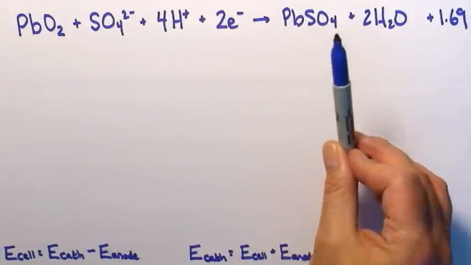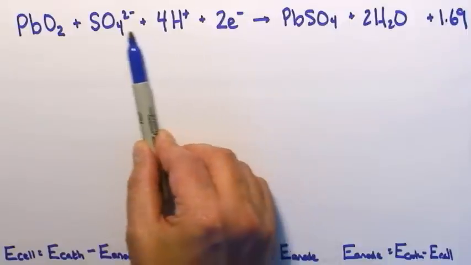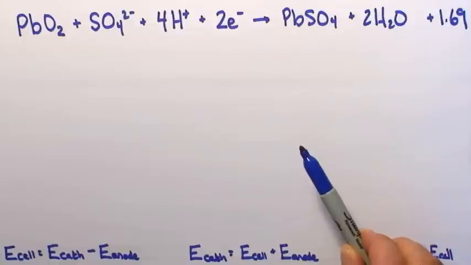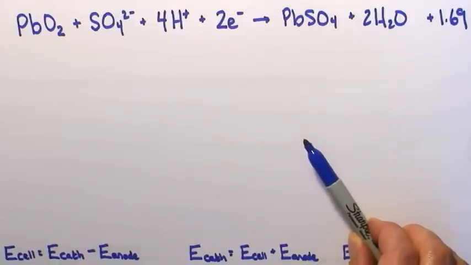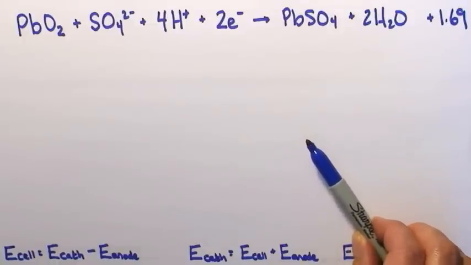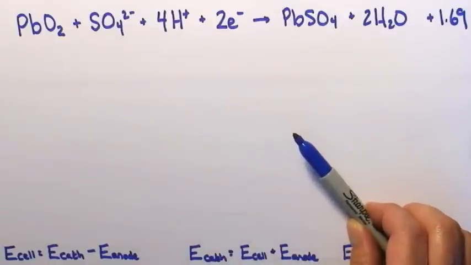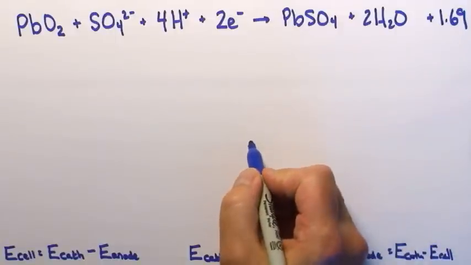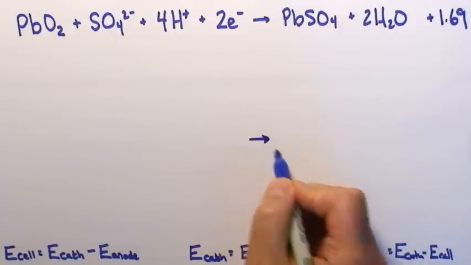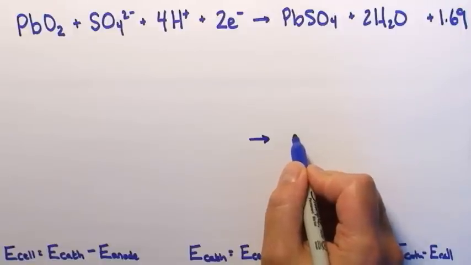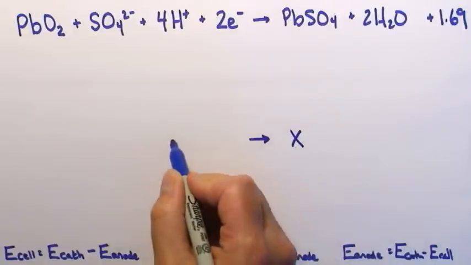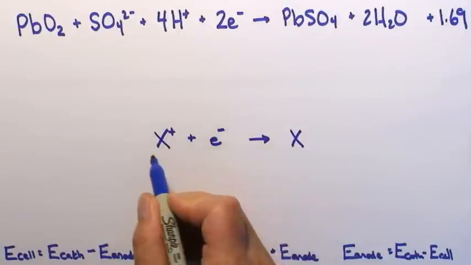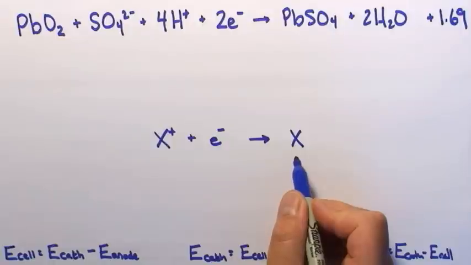If it's a spontaneous reaction, that means this half reaction is the oxidizing agent, and X metal is the reducing agent, and so therefore the X metal has to go below the oxidizing agent. I'll put the X down here. So this is going to be your X metal, and then we have an X ion and an electron to round out the reduction half reaction.